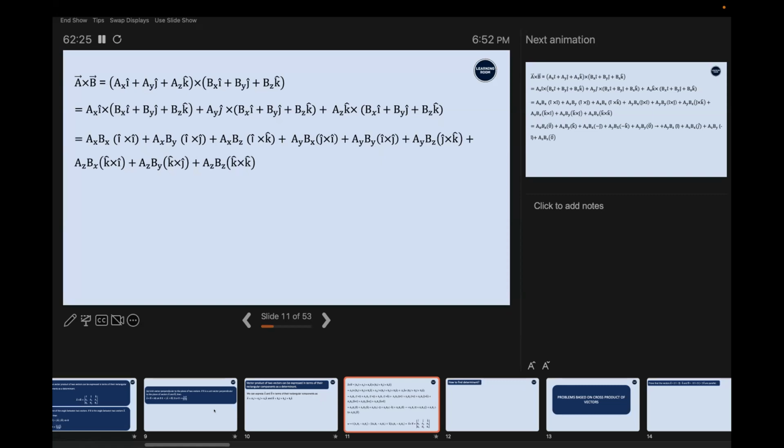If you recollect from the properties, there was one such property like this. If you do the cross product of a vector with itself, what would be the output? A null vector. Reason? The angle between the vector and itself is going to be 0, and sin 0 is going to be 0. So here, out of these 9 terms, how many terms are going to get eliminated?